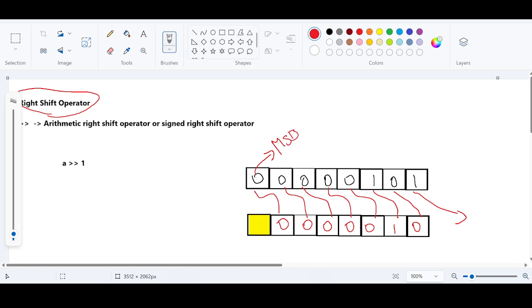I told you yesterday, MSB is the most significant bit, the leftmost bit. The value of MSB is 0, so fill that void with 0. Or I can say, fill the void with the value of MSB from the actual number. If it is 0, fill it with 0 only.